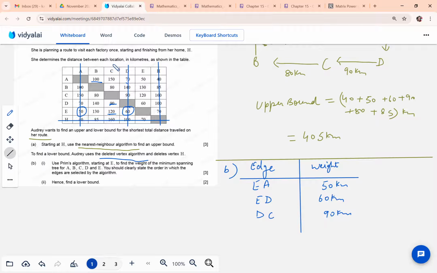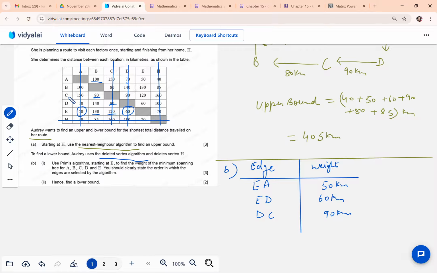So now C is also taken, we'll cross that. Now we can take any nearest vertex from C, E, D and A. We can check. For C we have 80 to B, that is the least. From E we have 130, that is more than 80.